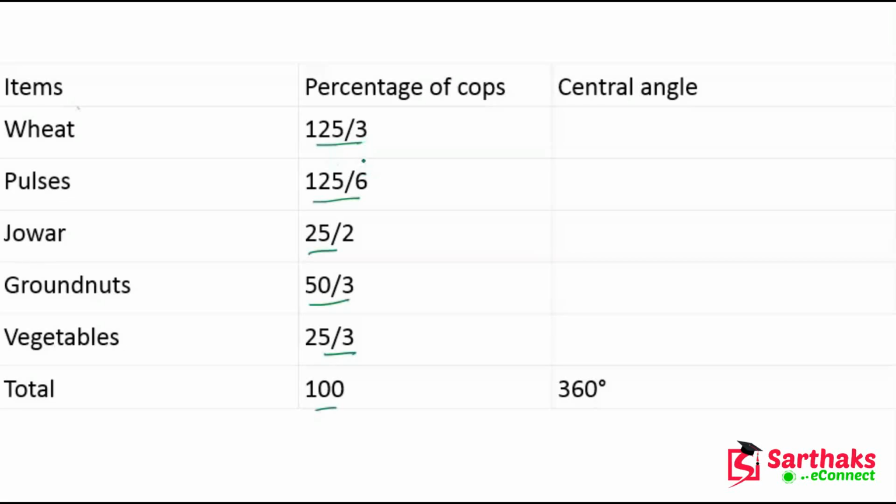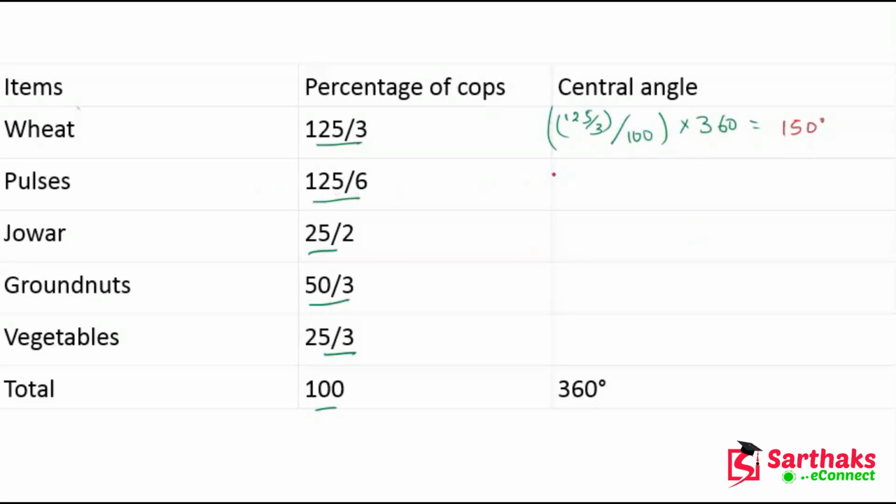So 125 upon 3 divided by 100, into 360 degrees. After solving this, we get 150 degrees.